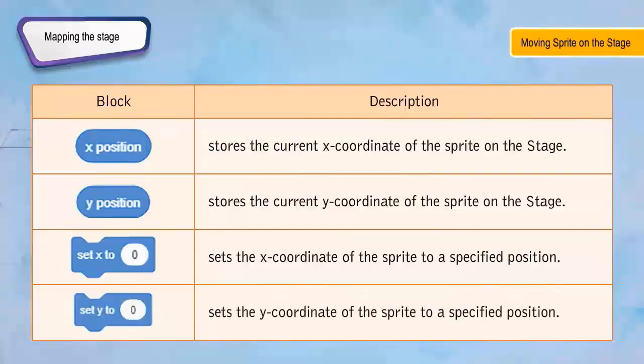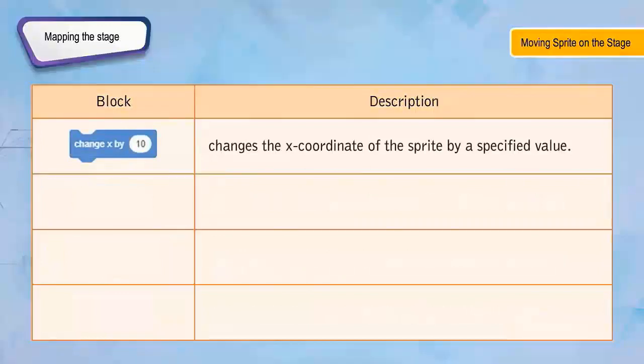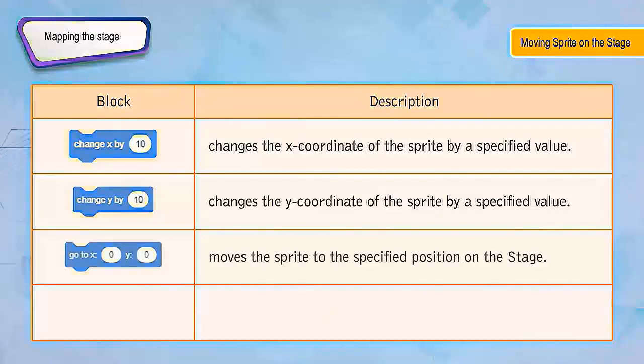Sets the y-coordinate of the sprite to a specified position. Changes the x-coordinate of the sprite by a specified value. Changes the y-coordinate of the sprite by a specified value. Moves the sprite to the specified position on the stage.